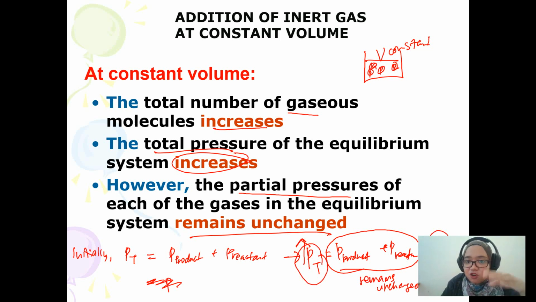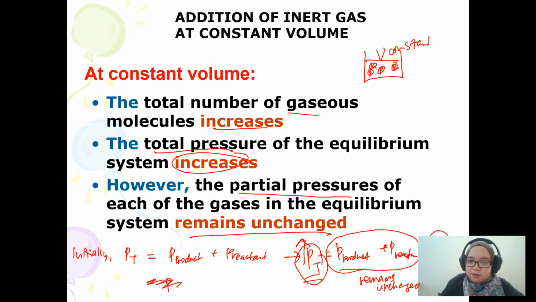Okay, sebab volume constant kan? So, maksudnya bila volume constant, makin tambah gas, makin tambah gas molecule, makin tambah total pressure. So, dia tak effect pun partial pressure product dengan reactant tadi. Okay?